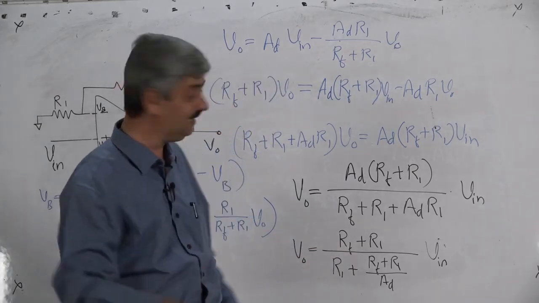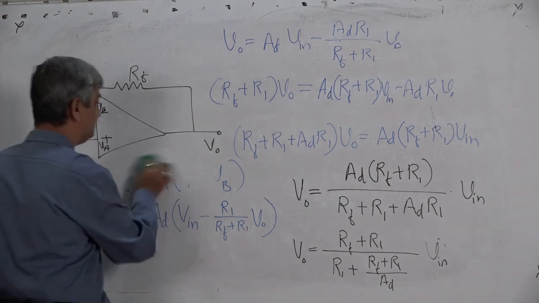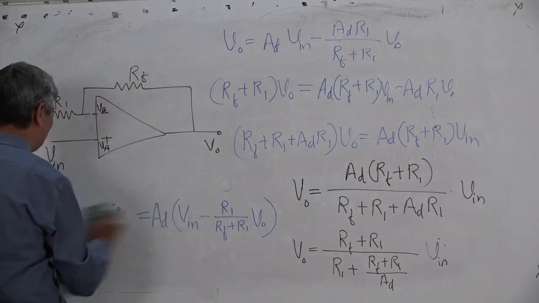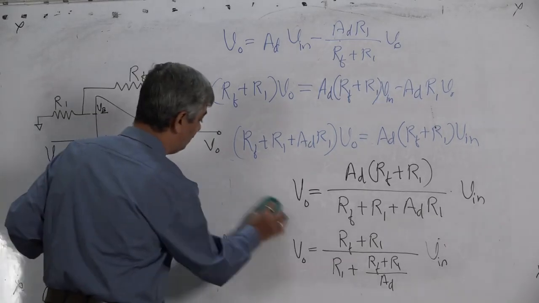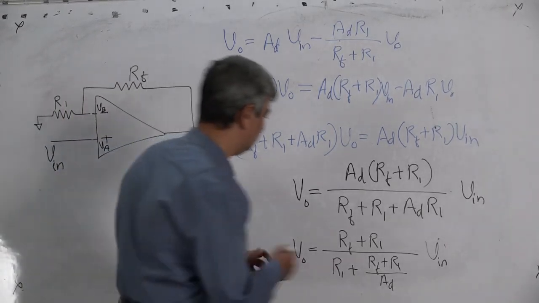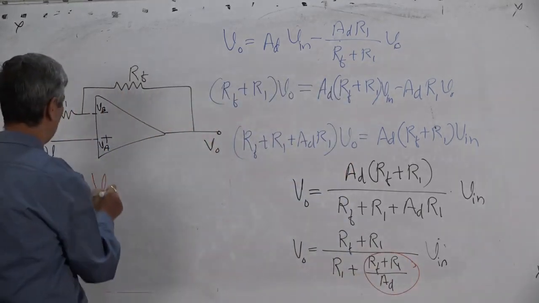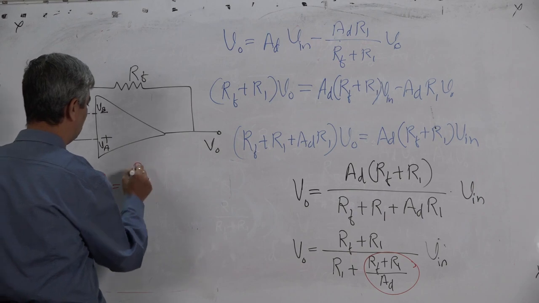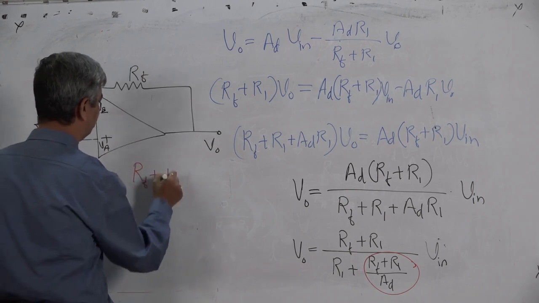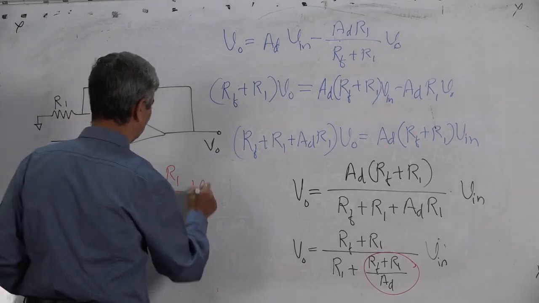And finally, when you ignore it, it is approximate, not the final answer. So it is approximately, but very, very close to. So by ignoring the negligible term, what do we get? VO is equal to (RF plus R1) upon R1 into Vin.